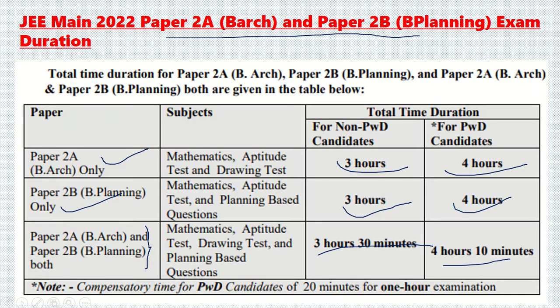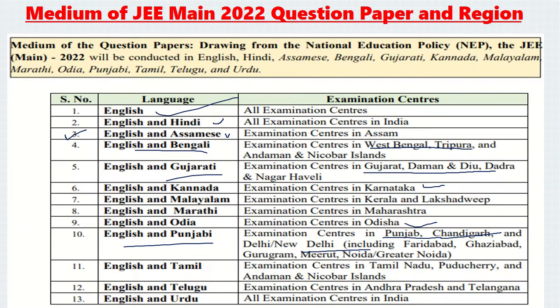Then English and Tamil, the examination centers in Tamil Nadu, Puducherry, and Andaman and Nicobar Island. English and Telugu, examination centers in Andhra Pradesh and Telangana, and the last one is English and Urdu, all the examination centers in India. So this was the complete exam pattern of JEE Main 2022.